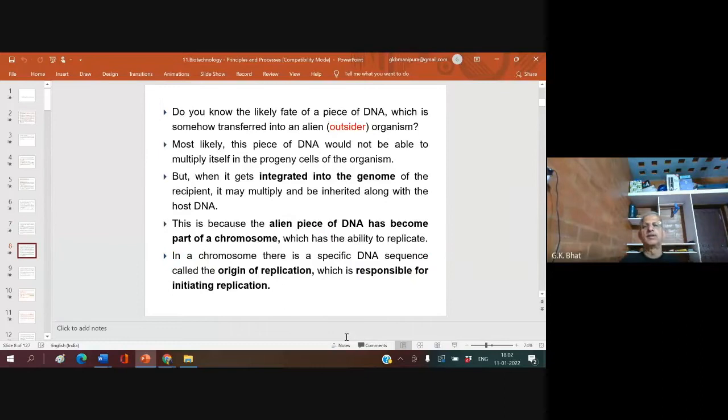Now let us study this. Do you know the likely fate of a piece of DNA which is somehow transferred into an alien organism?